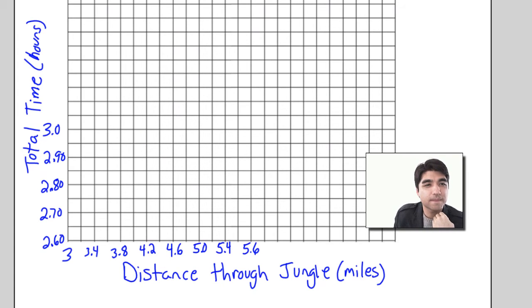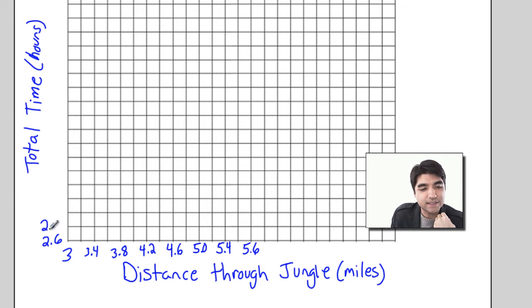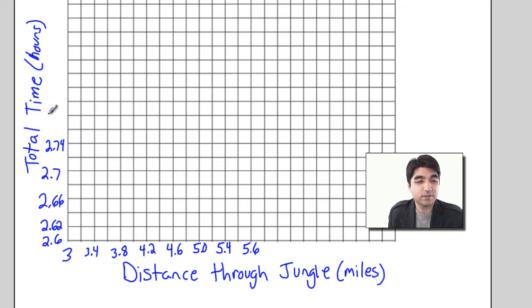Let's do it this way, so I can go by less than what I did here. Start at 2.6, then 2.62, 2.64, 2.66, 2.68, 2.7, 2.72, 2.74, 2.76, 2.78, 2.8, 2.82.